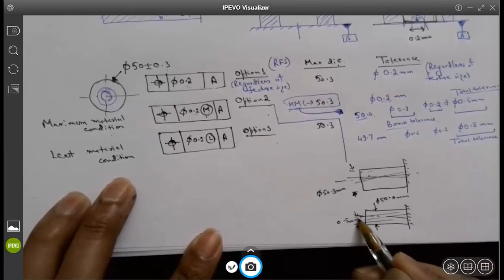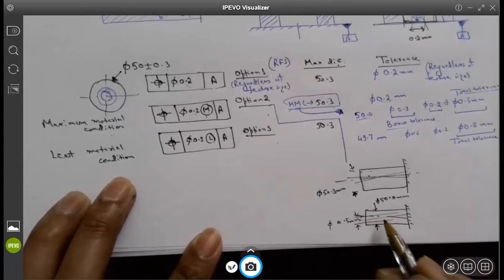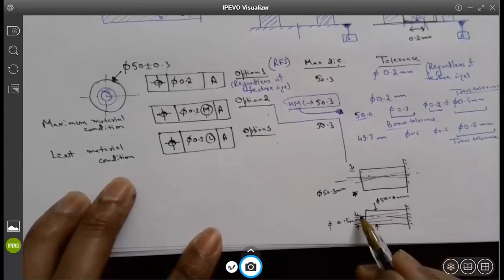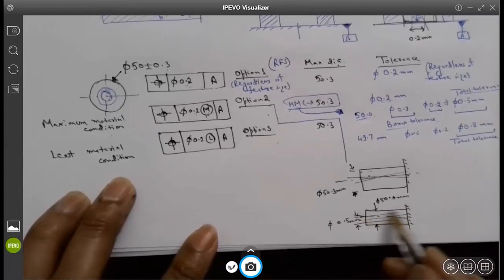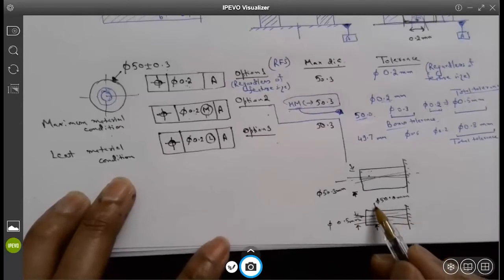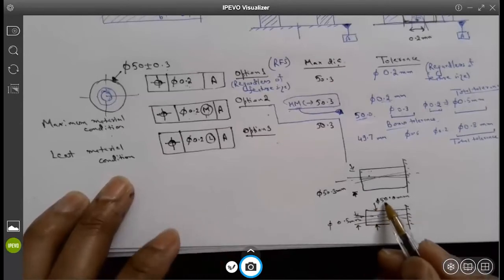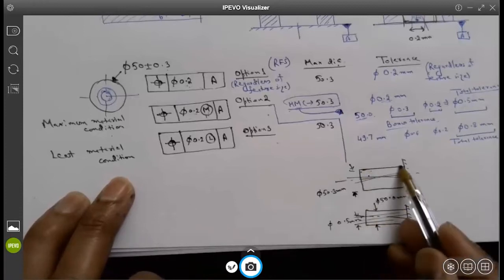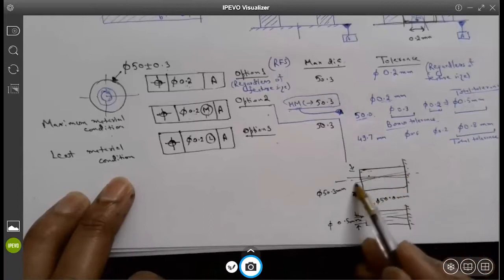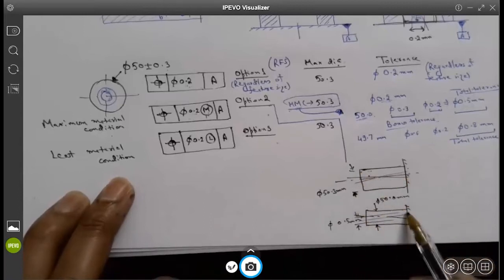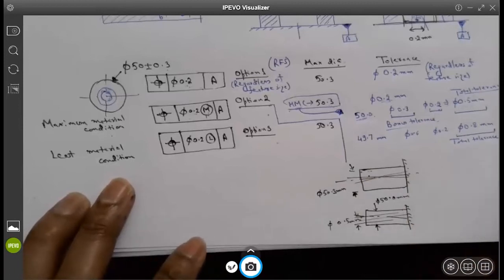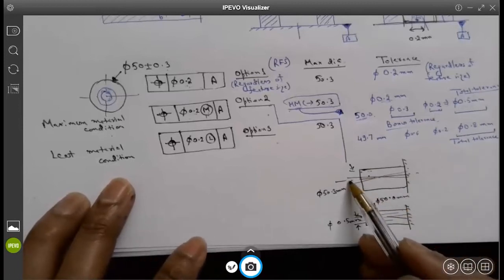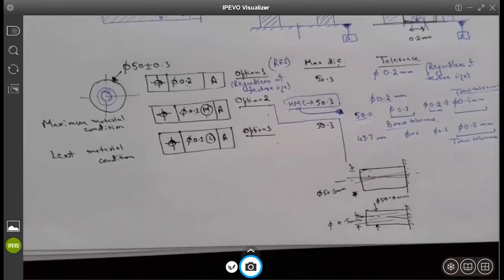So I can accommodate offset of the perpendicularity of the cylinder if it is fabricated at a lesser dimension than at MMC. If it is at MMC, I need tighter control on the axis. If it is less than MMC, then my axis can have more offset from what it would have been at the MMC. Let me know if it makes sense to you.